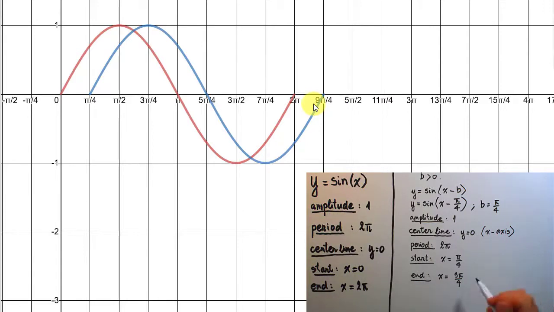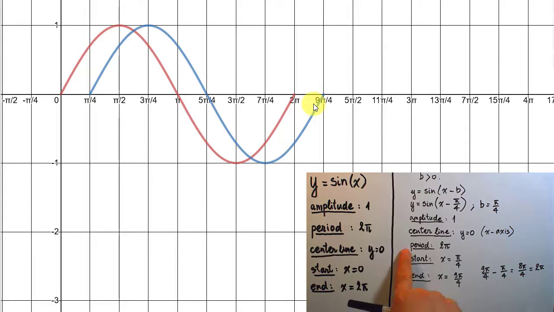And so now after recognizing the start and the end of our blue graph right here, then we can once again take the end of our base unit, 9 pi over 4, quickly subtract pi over 4, the start of our base units right here, and the math turns out 8 pi over 4, which in turn equals 2 pi. And so this is now confirming that our observation wasn't wrong. It's the period for this graph in blue is a 2 pi period.